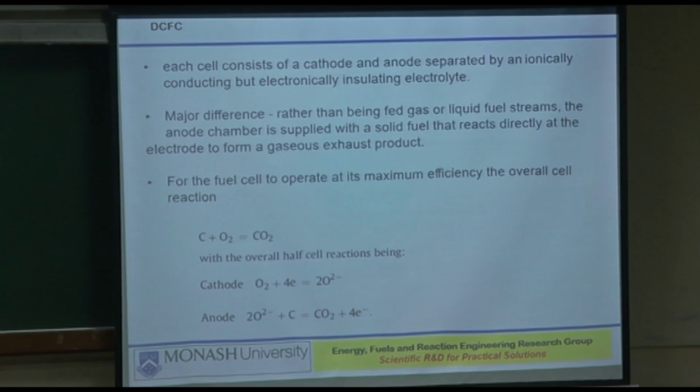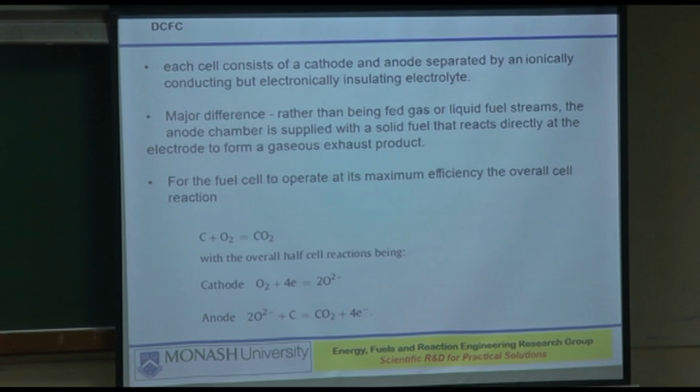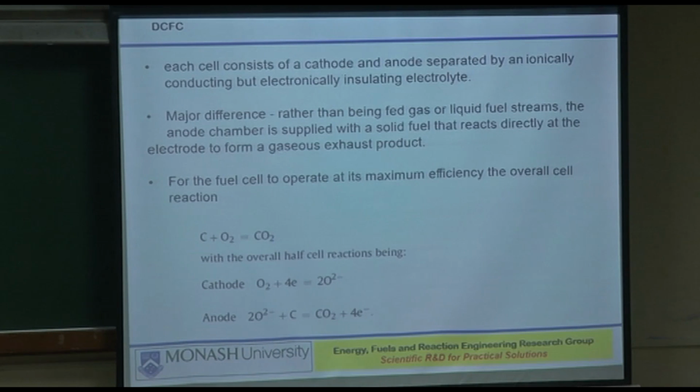So DCFC, very quickly. As the name suggests, it is direct carbon, so that means no hydrogen business. Carbon is coming directly into it. Essentially it is similar to SOFC or molten carbonate fuel cell. The major difference is that rather than being fed gas or liquid fuel streams, the anode chamber is supplied with a solid fuel.